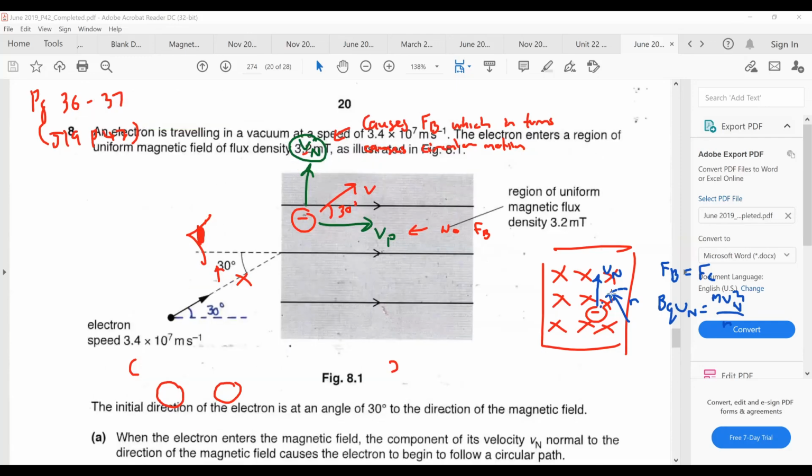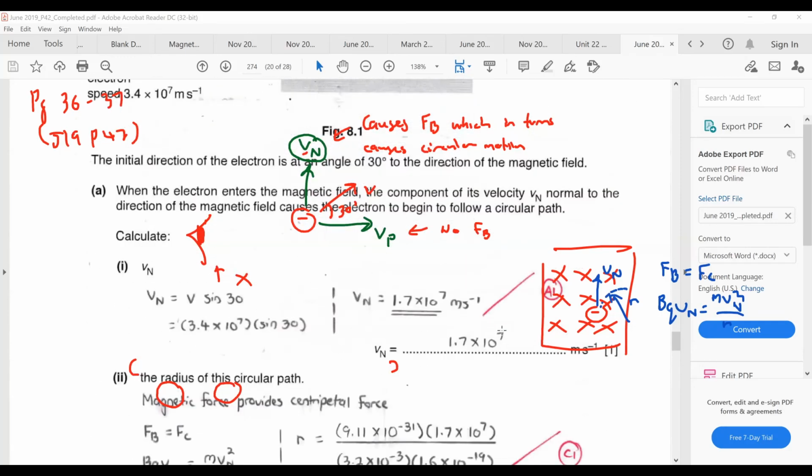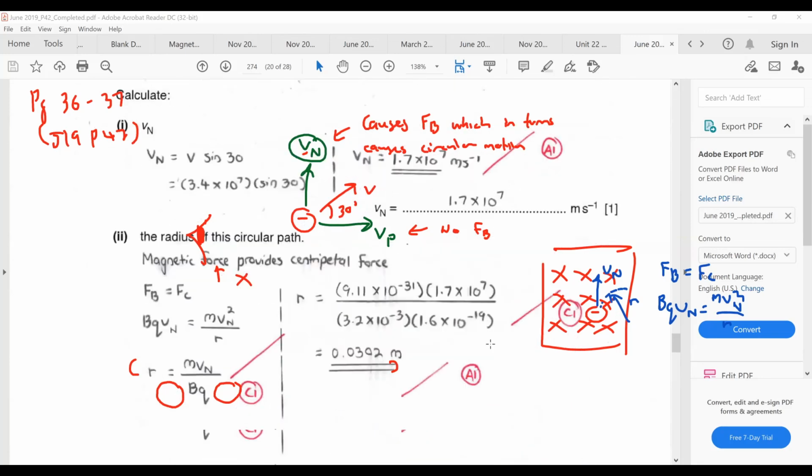That's why I need to use that Vn, not any other velocity, not the parallel velocity, not the resultant velocity. So you sub in what you have there, you get the answer at 0.032 meters.